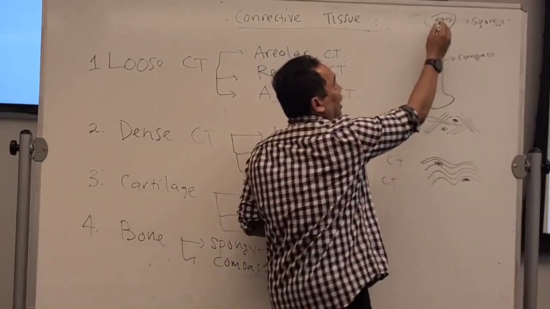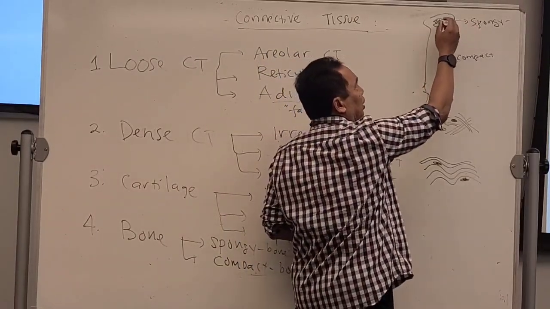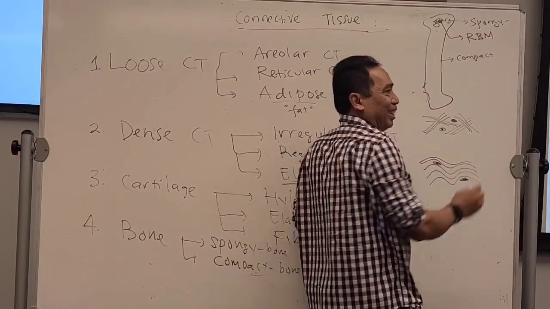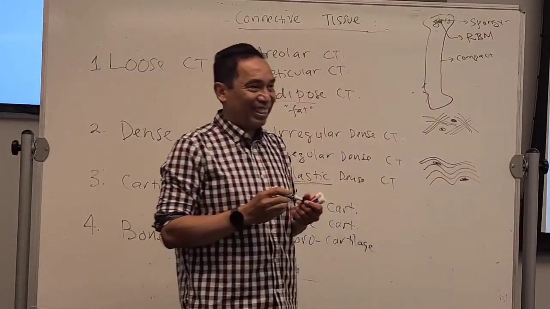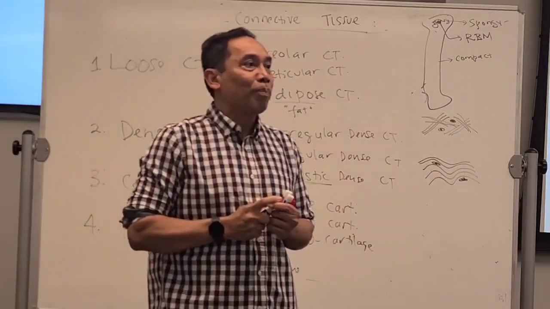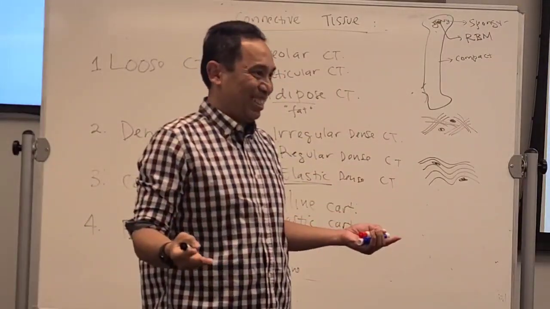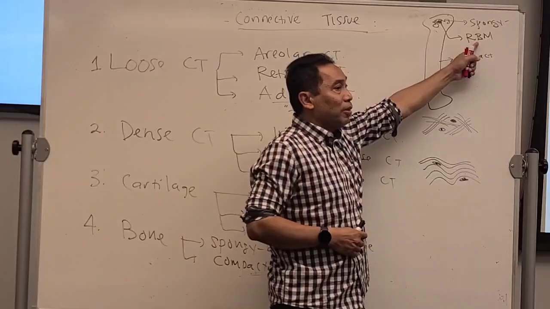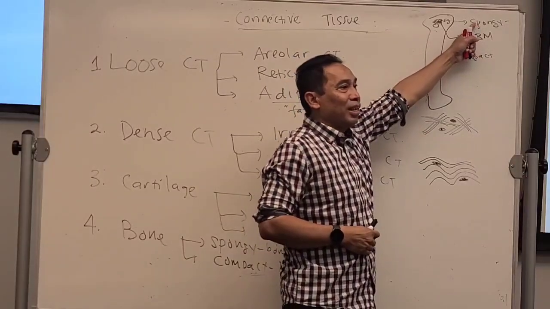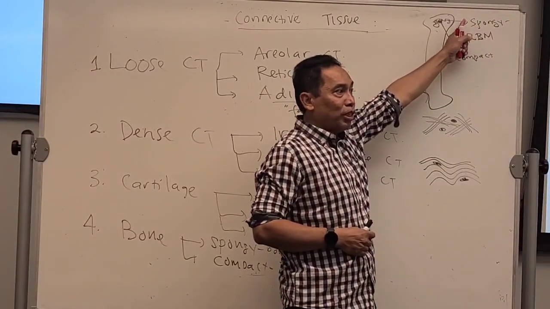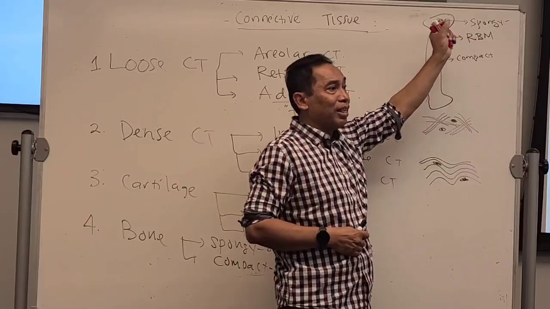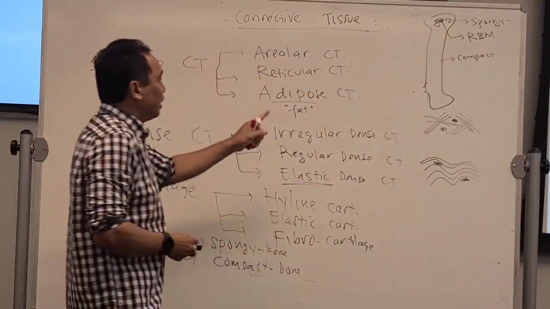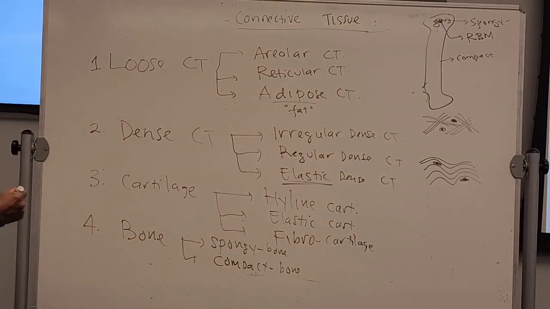And the space that is created from this spongy bone is called the red bone marrow. Have you ever heard that one? And red bone marrow is the place for making our blood. Okay, so our blood is made in red bone marrow that's actually created by the spongy bone. Spongy bone is not compact, it's not really solid, it has space. Get this one? So those are the two different types of bone tissue.